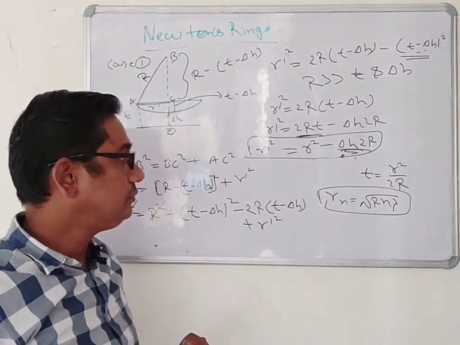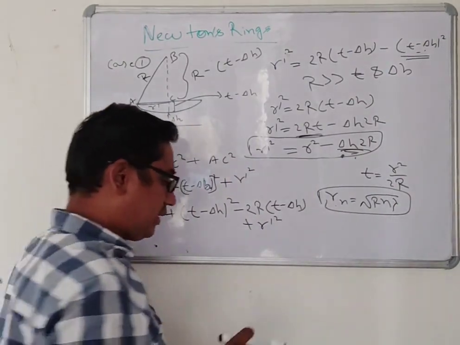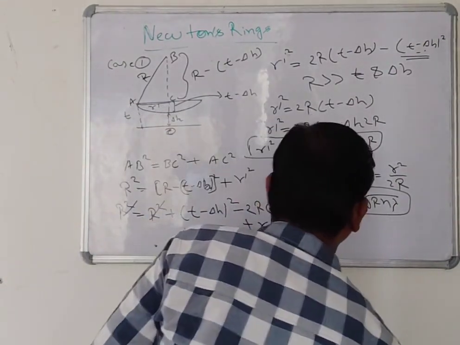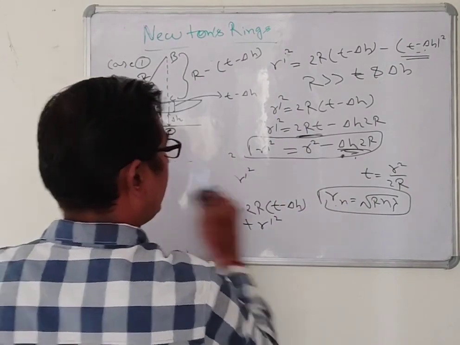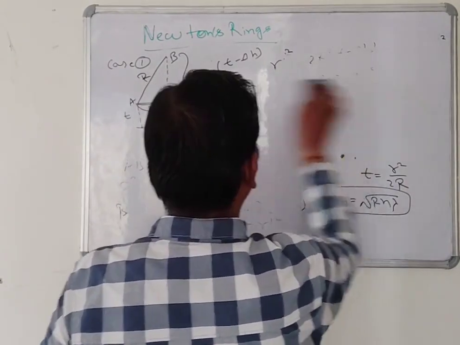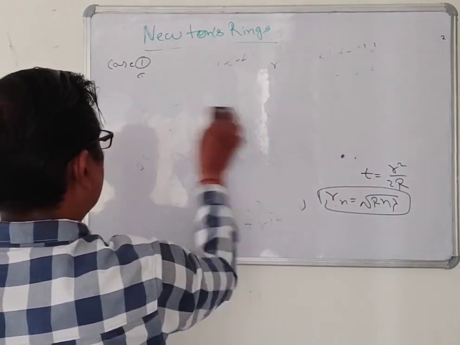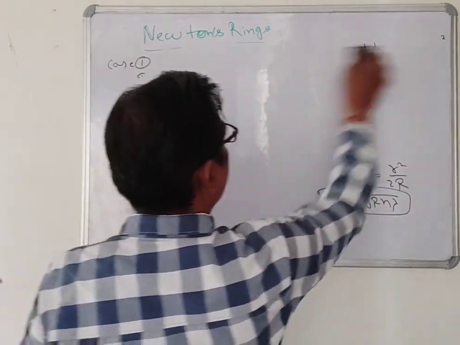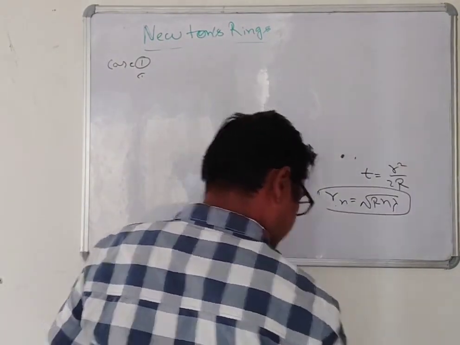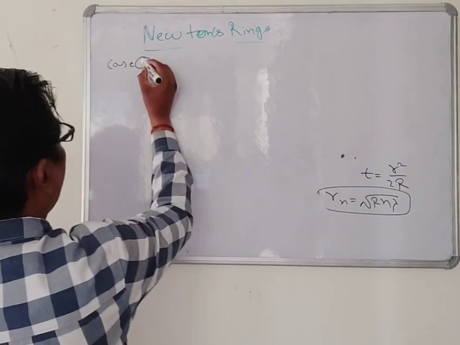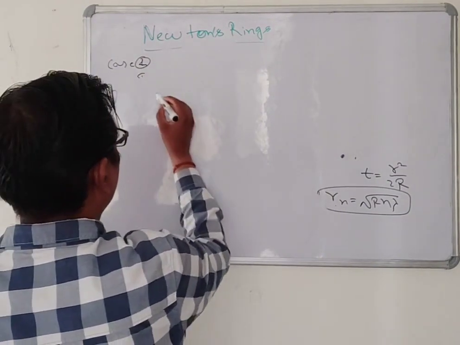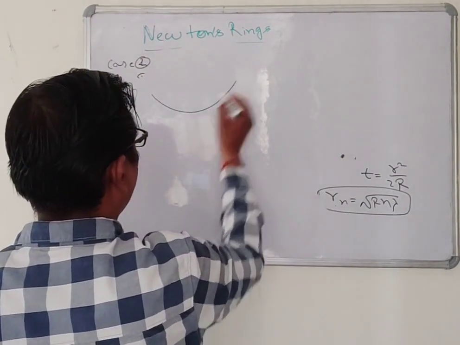Okay, and another case, case number 2. Suppose we have arranged a plano-convex lens like that.